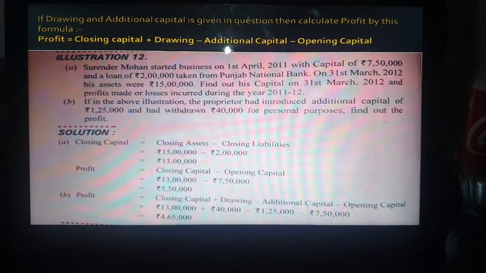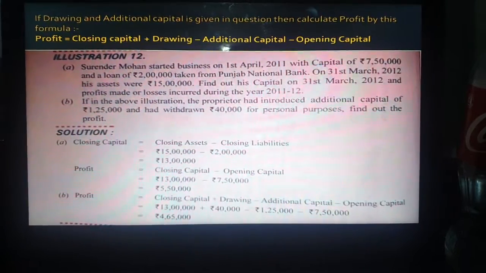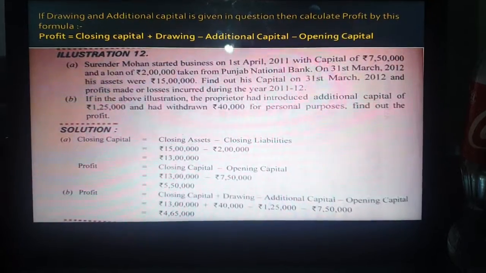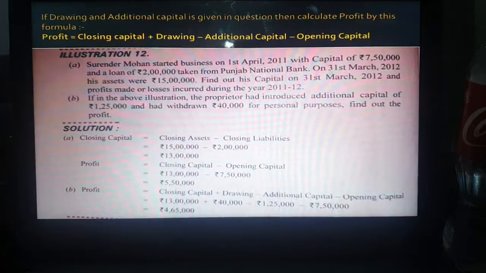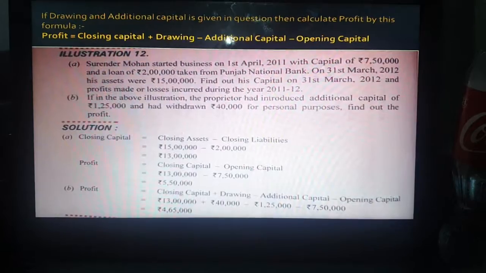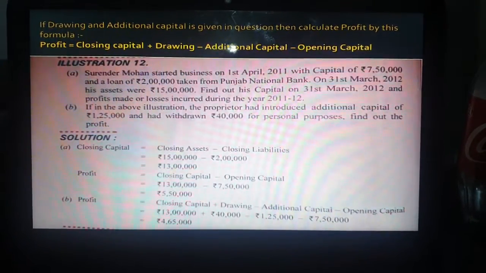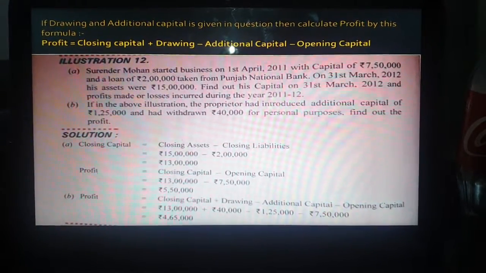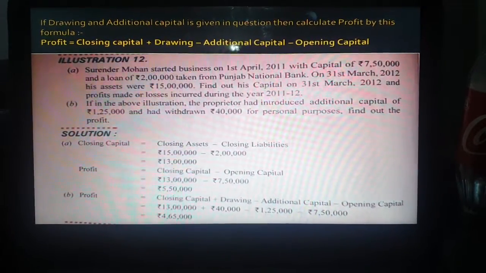Closing asset is 15 lakh, but closing liability is not given. But one piece of information is given: a loan of 2 lakh is taken from Punjab National Bank. That is your liability, and it is still not repaid, so it is your liability at the end. So that loan will be taken as your closing liability. Closing asset is 15 lakh and closing liability is 2 lakh. The difference of these two is closing capital, 13 lakh. And out of closing capital, you have to deduct opening capital, that is 7,50,000, given in the first line of the question. So the difference is 5,50,000.